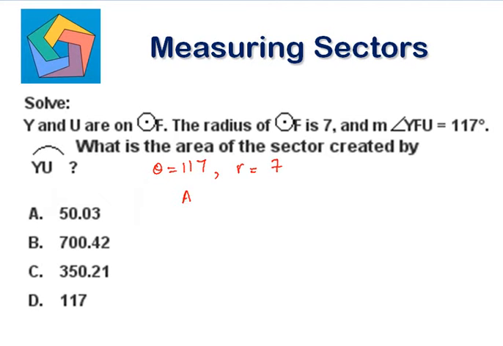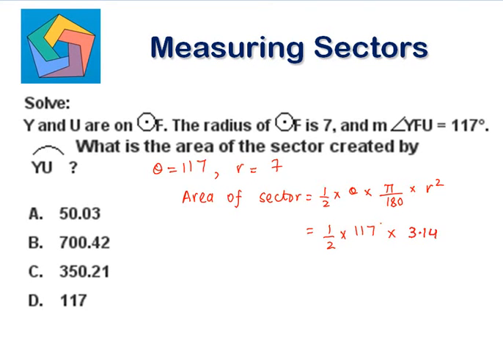So the area of the sector is given by 1/2 times theta times pi/180 times r square, which is equal to 1/2 times 117 degrees times pi, which is 3.14159, over 180, multiplied with r, which is 7, so 7 squared.